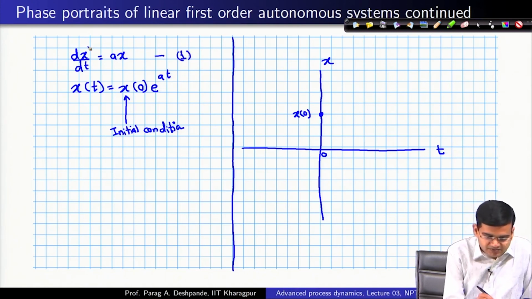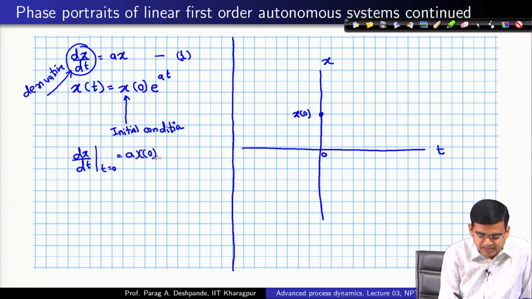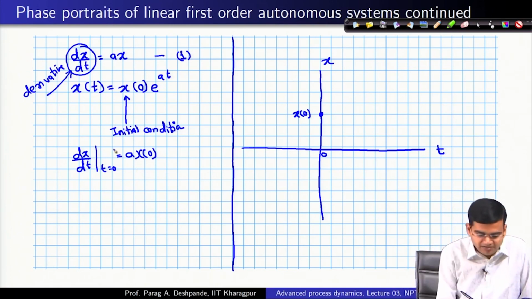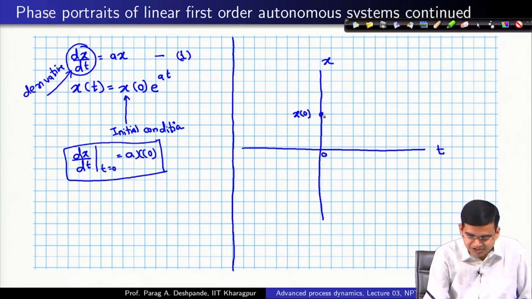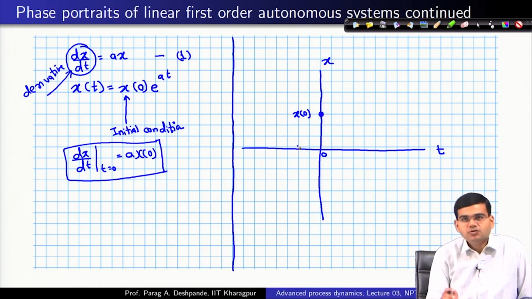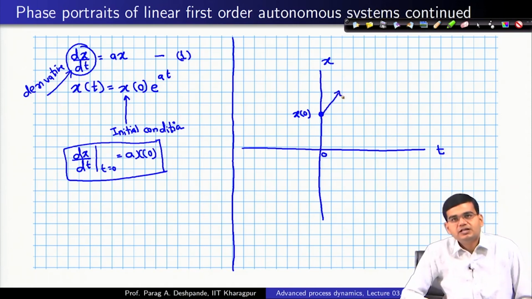Equation 1 gives me the derivative. Okay. So, I can determine dx by dt at t is equal to 0, which will be equal to a of x 0, and x 0 is known. So, therefore, my derivative is known. So, now I have the initial point and I know from the derivative the direction in which I need to proceed. I know the direction.